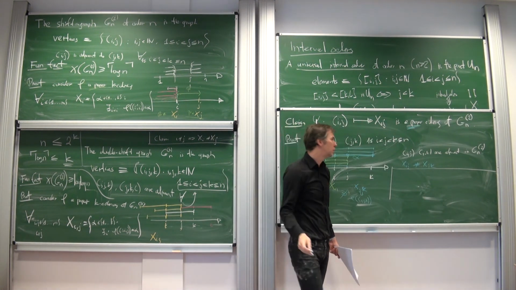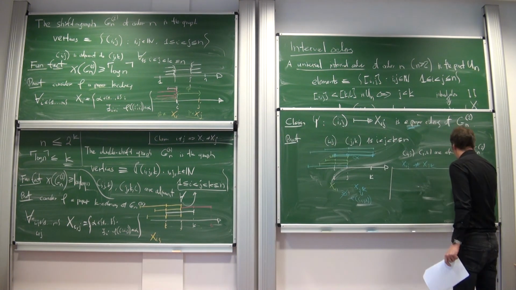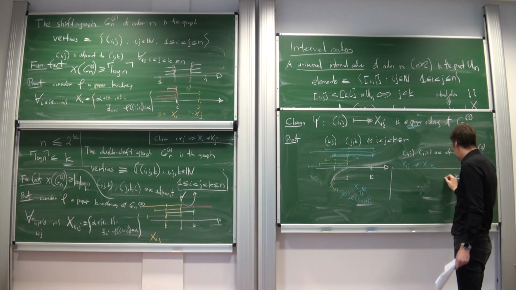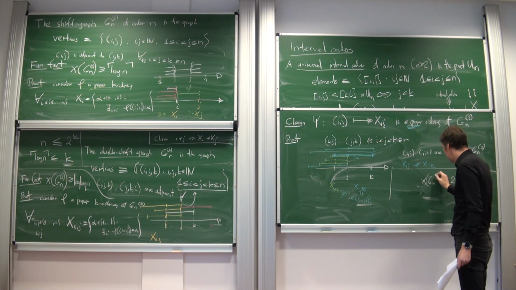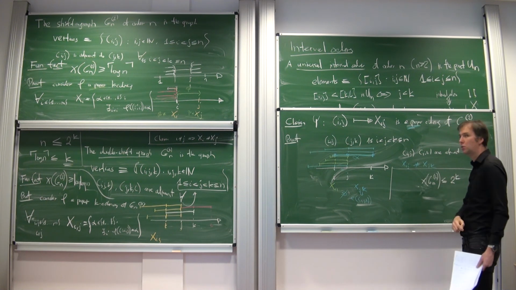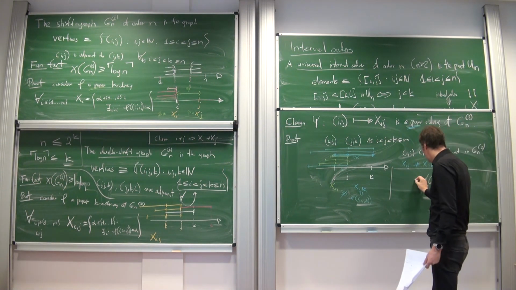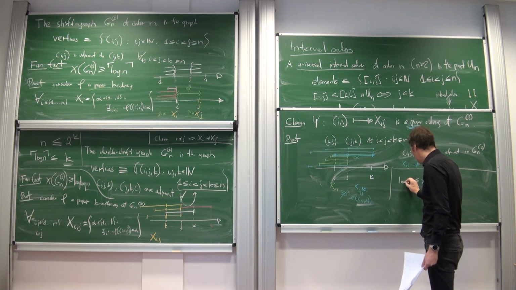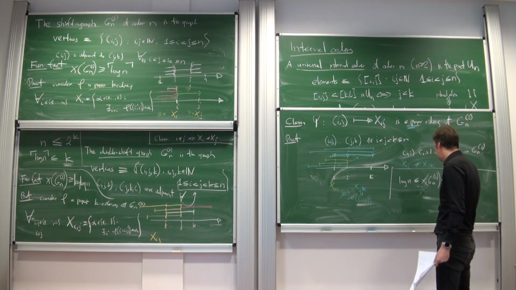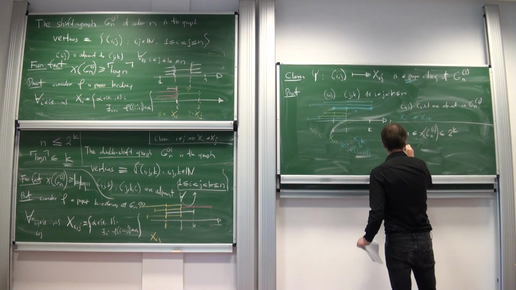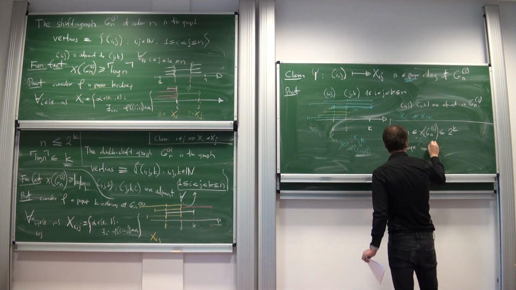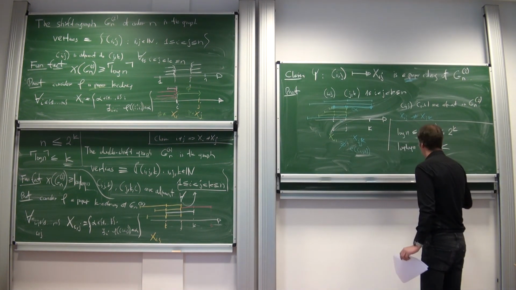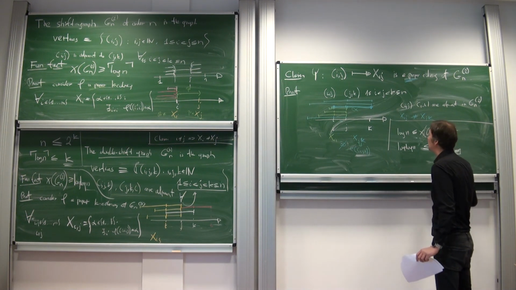We used k colors, so we have at most 2 to the k, and we have bounded that 2 to the k is at most the chromatic number of GN2. This is what we proved. But the chromatic number of GN2 is lower bounded by log n. So this means that log n lower bounds k as desired.